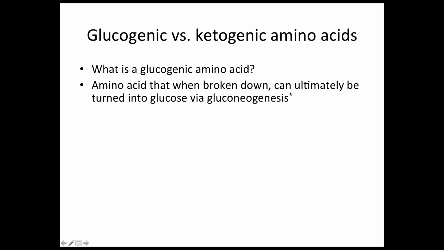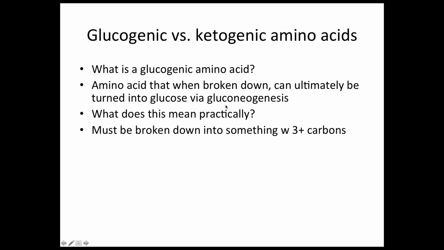So the more specific thing is that when you break it down, at least one of the things that it's broken down into can ultimately be turned into glucose via gluconeogenesis. Said a different way, it's got to be broken down into something with 3 carbons or more, because we just said if it has 3 carbons or more, it can be turned into glucose via gluconeogenesis.